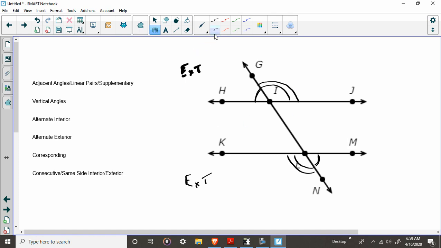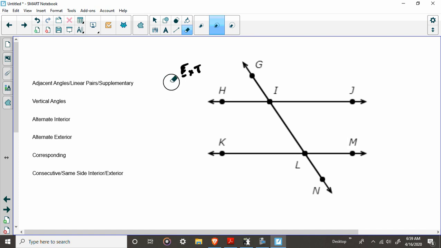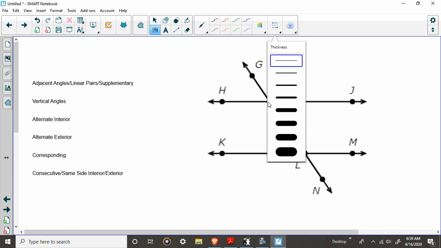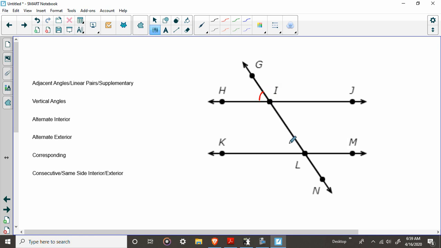Okay. Corresponding angles. Corresponding angles we only really have if the lines are parallel, so we won't be able to answer that for some point. But corresponding angles are essentially going to say they're in the same position at the two different intersections. So I would say something like this corresponds with this.